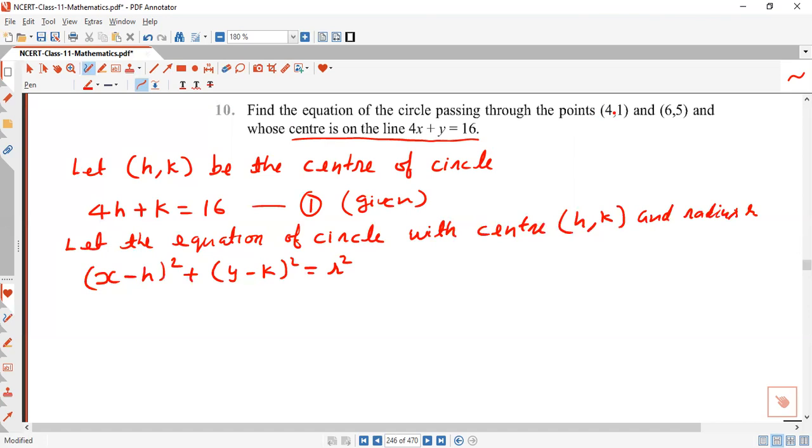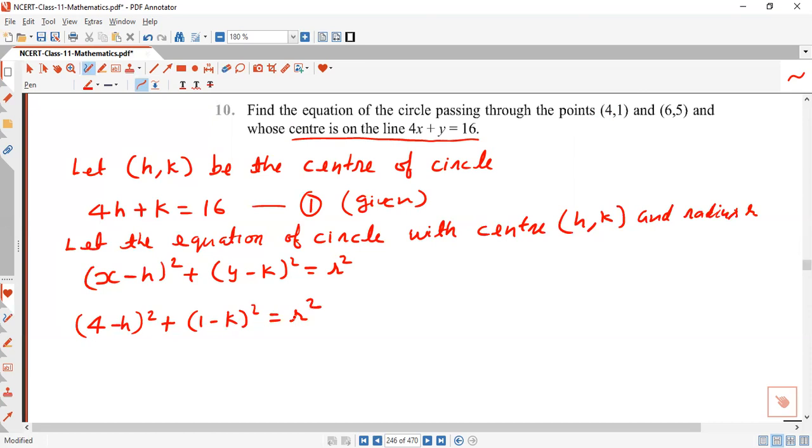Now we put the values. 4, 1 will satisfy this equation. So we see here 4 minus h whole square plus 1 minus k whole square equal to r square.